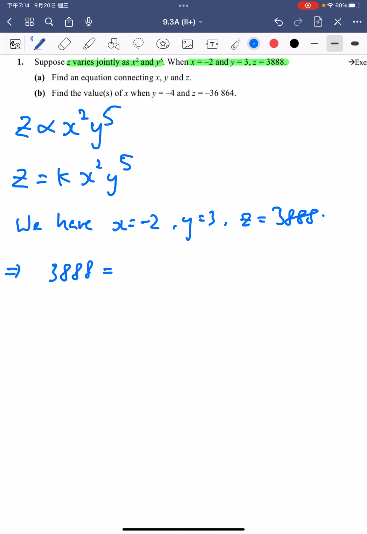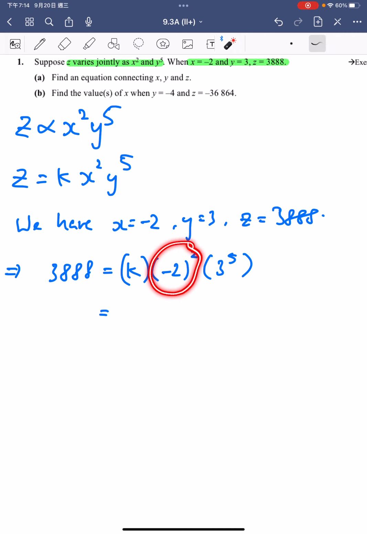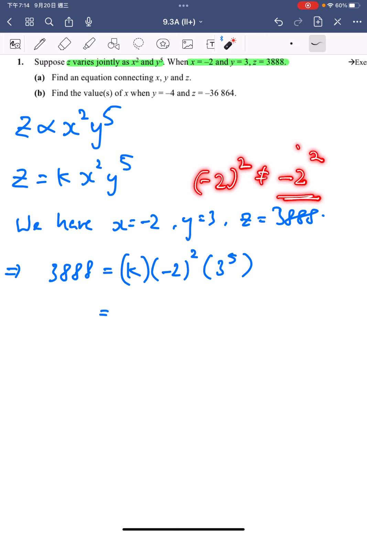Then we can say we have 3,888 is equal to k times (-2) squared times 3 to the power of 5. Then we have this (-2) squared. So be careful, (-2) squared is not equal to -2 squared. The latter means we calculate the squared first, then take the negative.